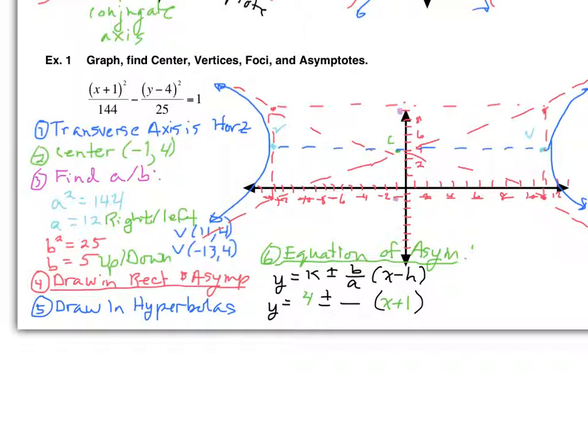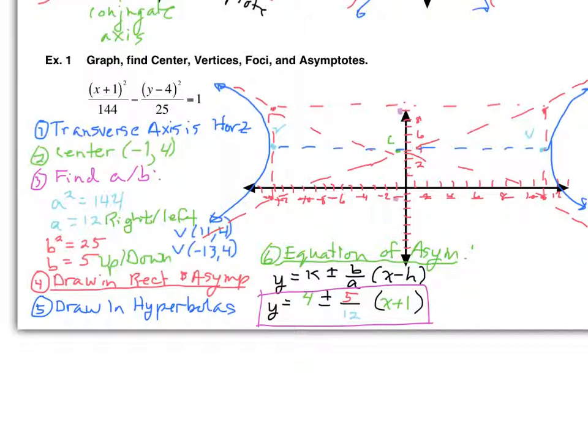We found b earlier to be 5, and we found a to be 12. Can this fraction be reduced? If it could, you would, but it can't, so this is the formula that we're looking for. So that covers both asymptotes.